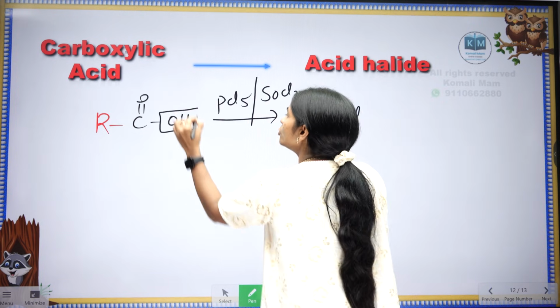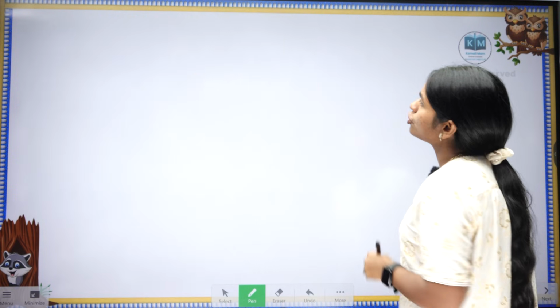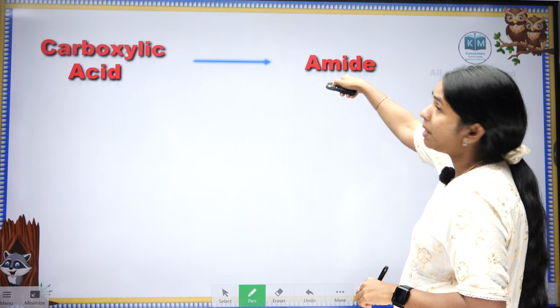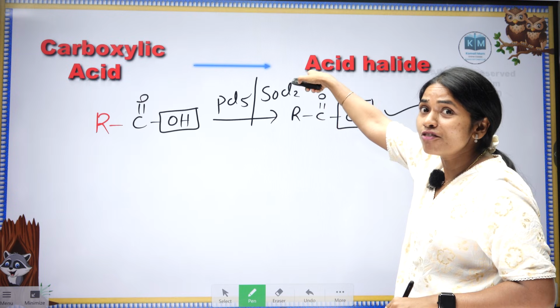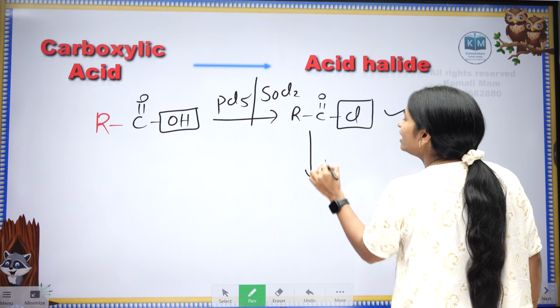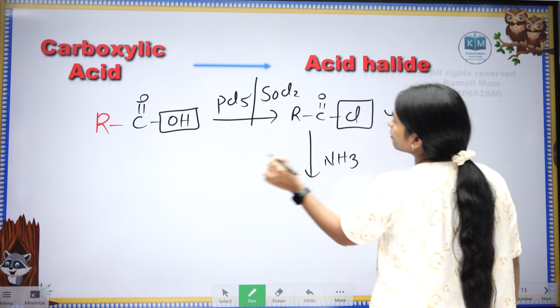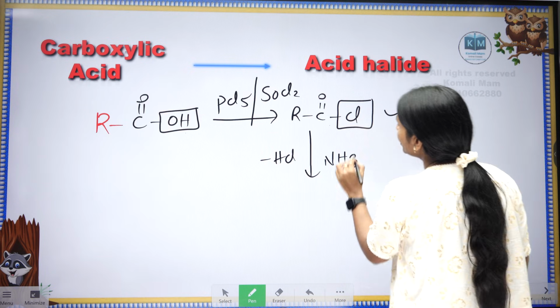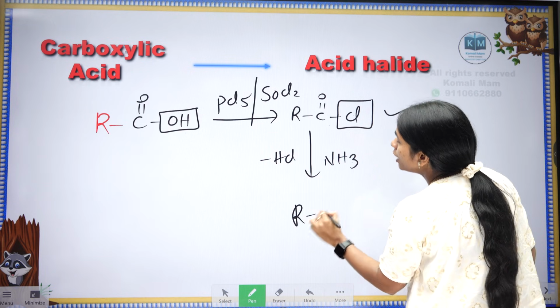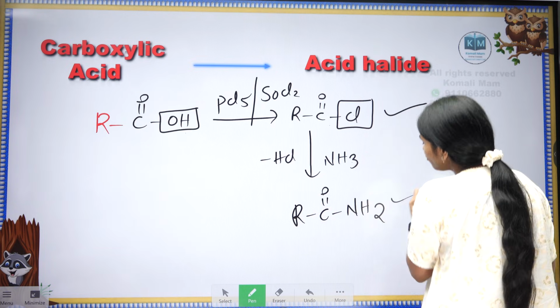Simple thing is remove this OH, put a Cl. Clear? If next question you see carboxylic acids to amide, then in such case, same step you can do, and you can treat with ammonia also. Then if you treat with ammonia, 1 H and 1 Cl go out, you can get the amides. Easy, easy.